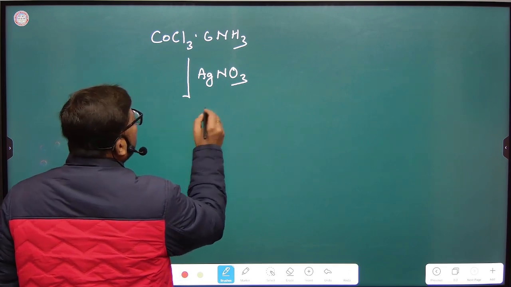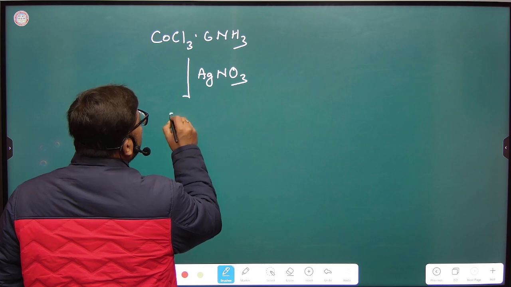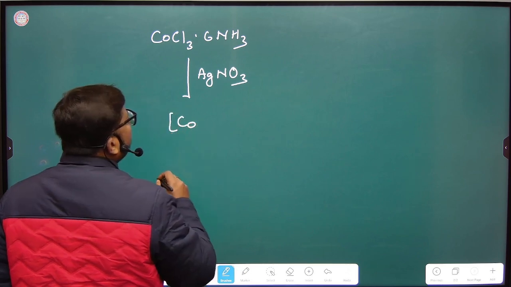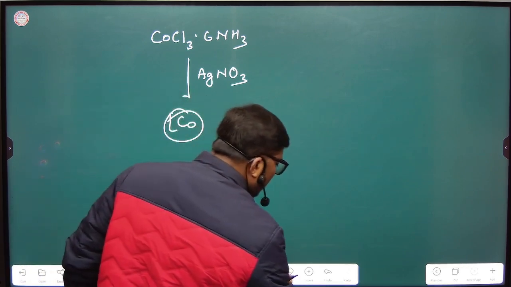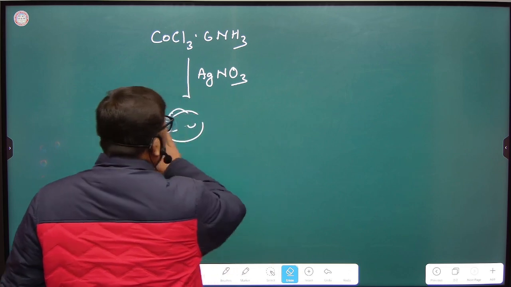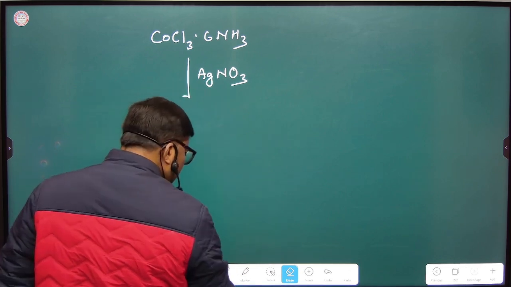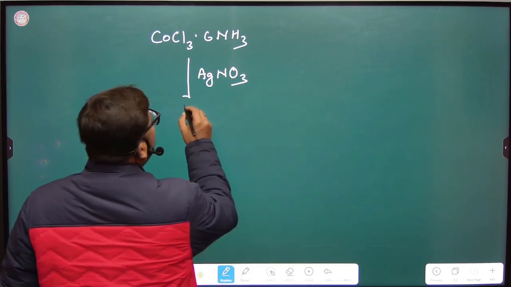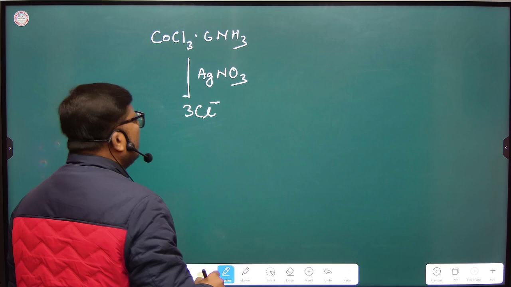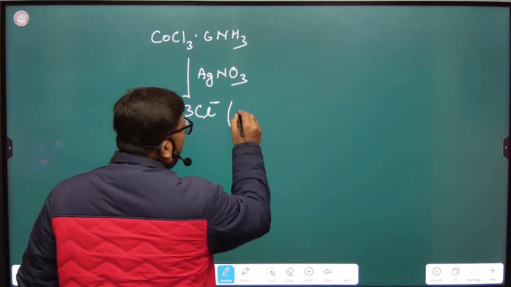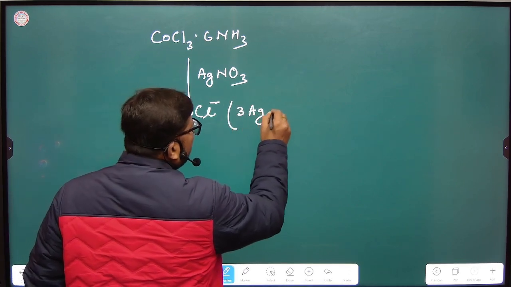Here you can see, the 3 Cl minus is precipitated as 3AgCl.